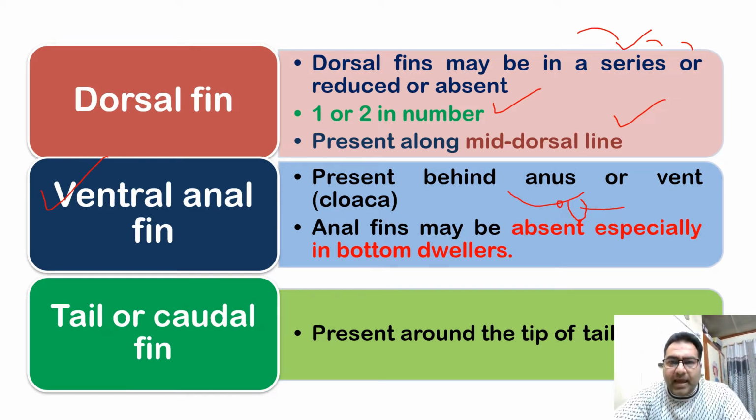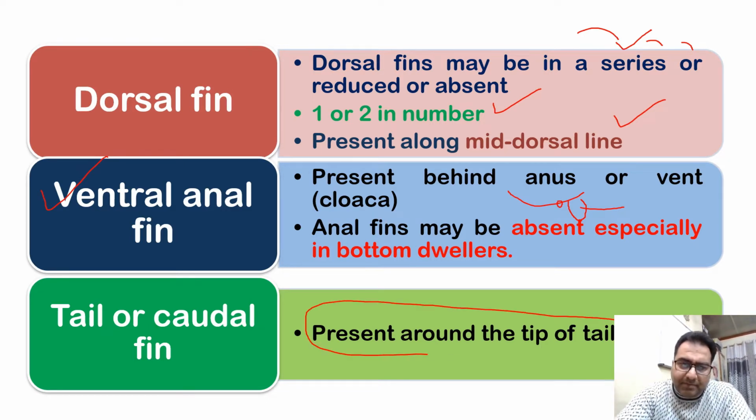Anal fins may be absent, especially in bottom dwellers, because the bottom dwelling fishes have to stay at the bottom and this fin can prove a hindrance to them. The tail or caudal fin is present around the tip of the tail.